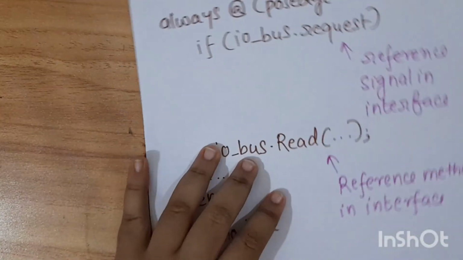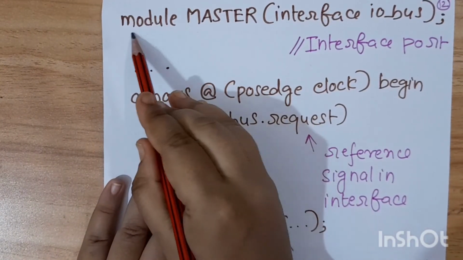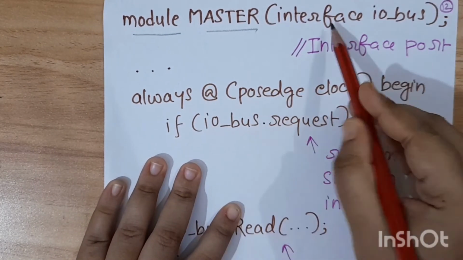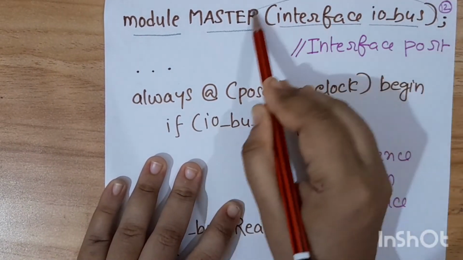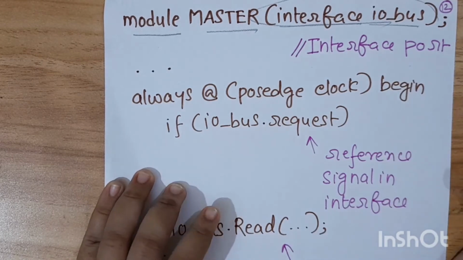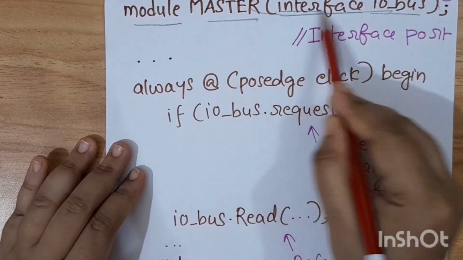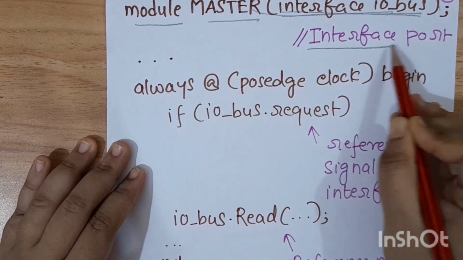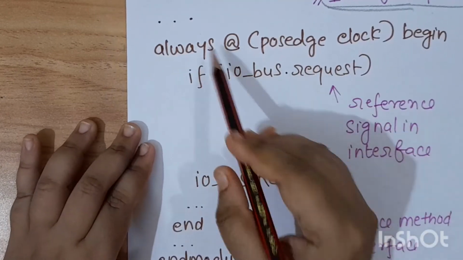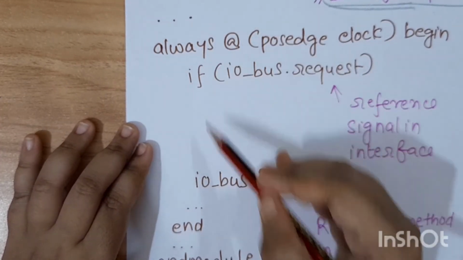See how. We have the module master, interface IO bus, the connection of the port here. Now inside the module master I have an always block.